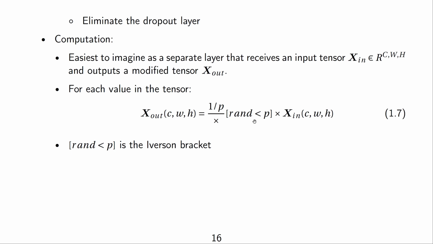If it's false, it's going to be 0. And then we're going to take this whole thing and multiply with 1 divided by P. So once this selects 0, then everything evaluates to 0. If this is going to be a 1, then this leading term 1 divided by P will be multiplied with this input value.